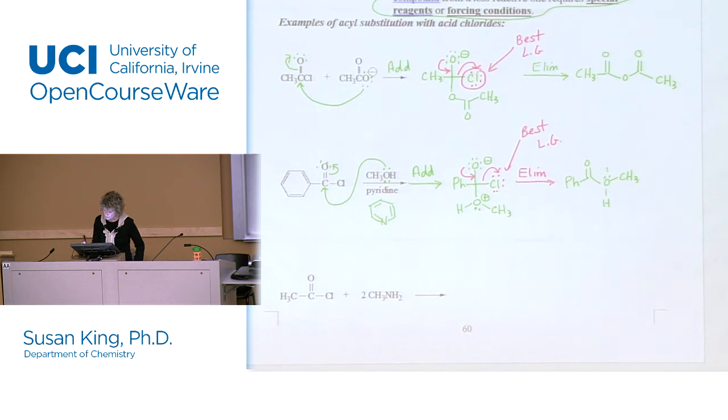And here's where the pyridine comes in. The pyridine comes in to deprotonate that oxygen. So, ester from an acid chloride. Another possible mechanism for midterm 1.